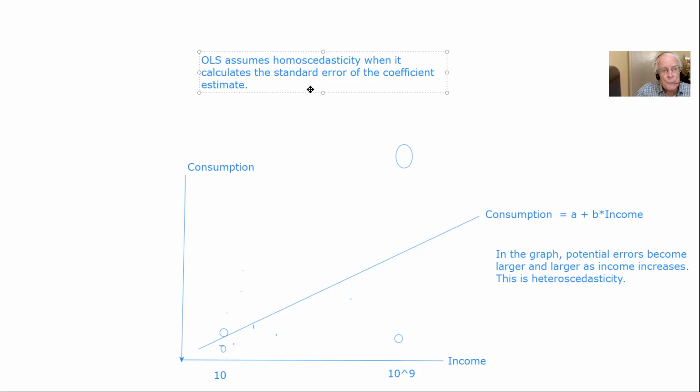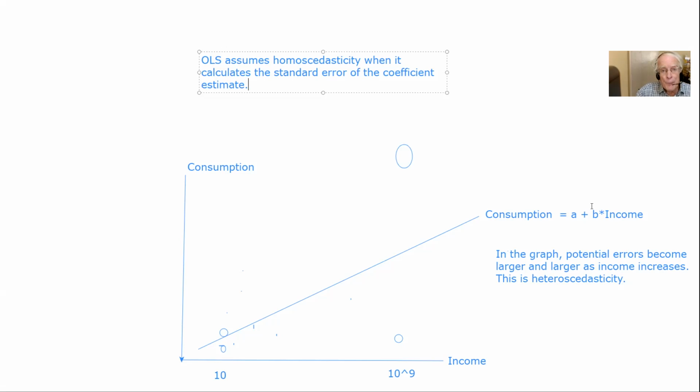One way of understanding this is to think about, again, the consumption function. In the population, the statistical population of all households, the coefficient B is a constant.